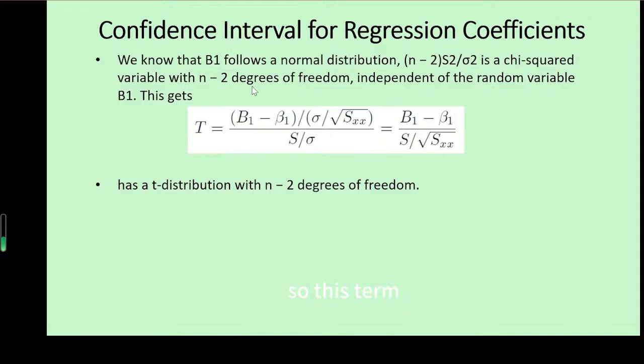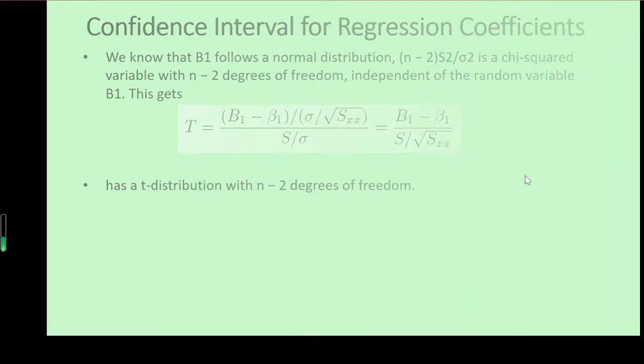So this term equals a division between a standard normal random variable and the square root of a chi-squared random variable divided by its degrees of freedom. This division follows a t distribution with n minus 2 degrees of freedom.